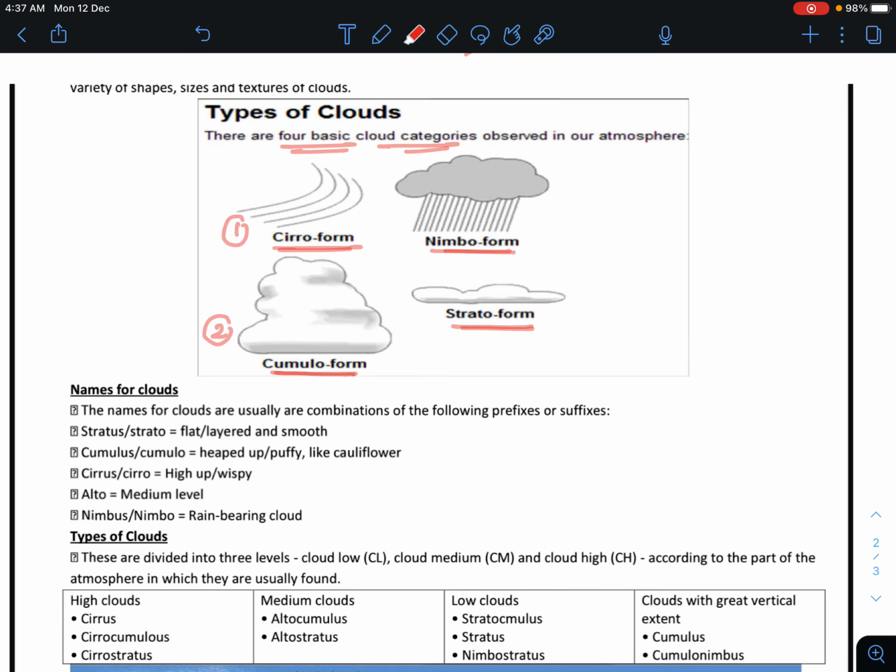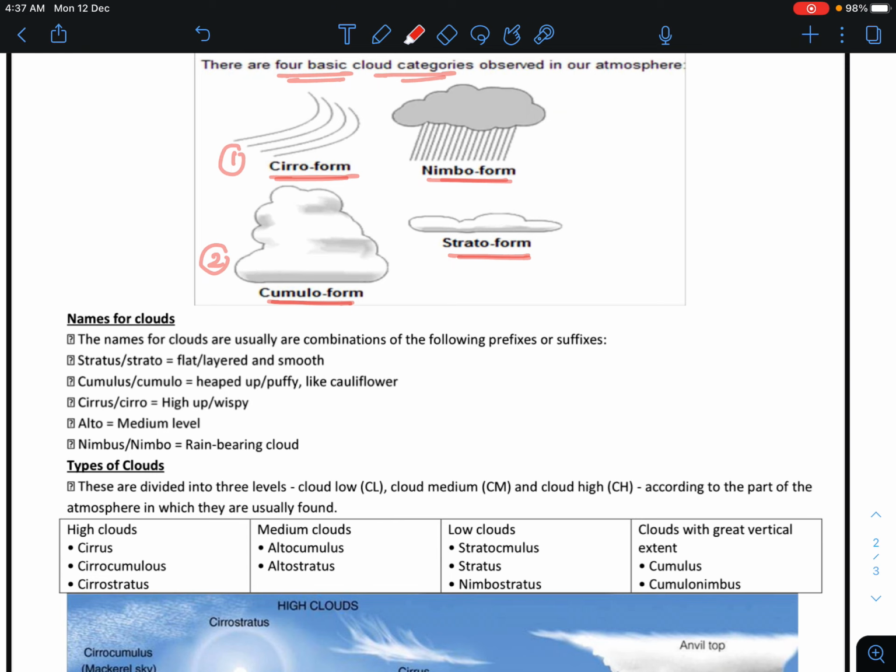Cirro actually means high up and wispy. The example is cirrus, and this is high up and wispy.